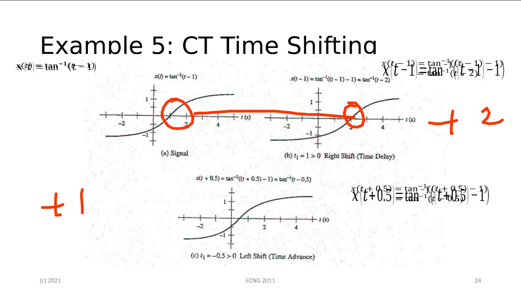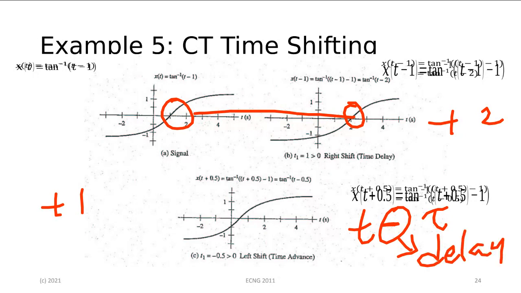Fair enough? So t minus whatever that is, the minus sign gives you the delay. And the positive gives you an advance.